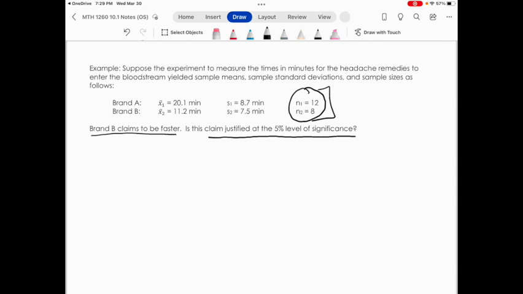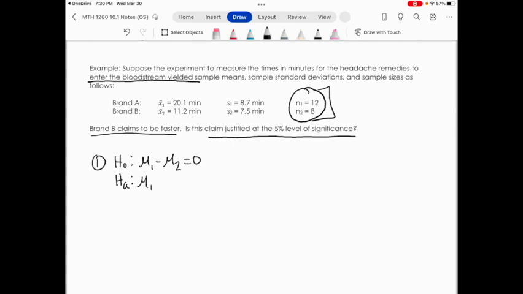So in step 1, we set up our null hypothesis. We have mu1 minus mu2 is equal to 0. The alternative hypothesis, since we're looking to see if brand B, which comes from the second population, is faster, that means it's going to have a lower time, which means mu1 minus mu2 is going to be greater than 0.